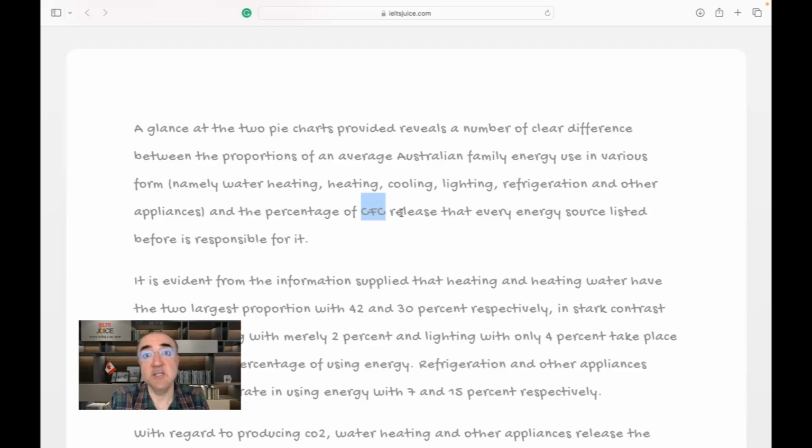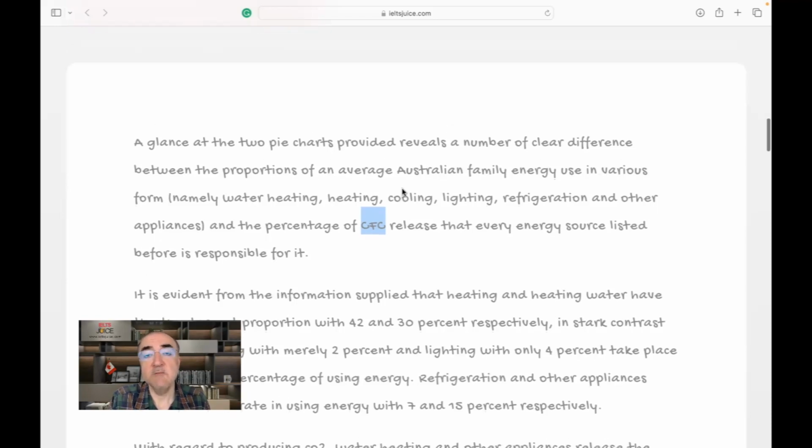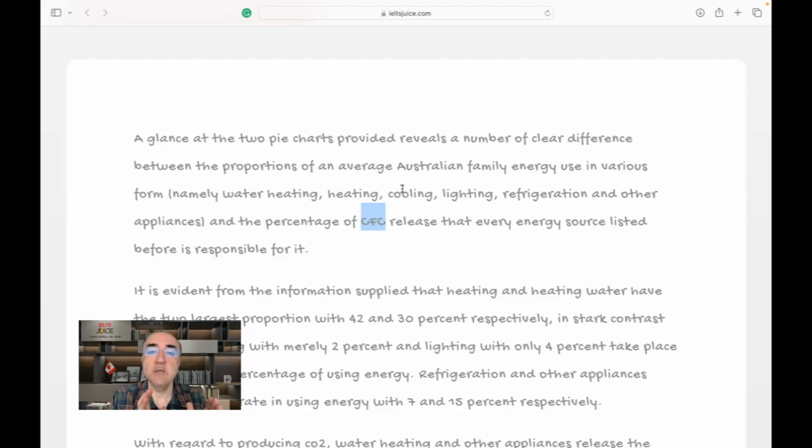IELTS hates that, actually. This is the visual, and the only thing IELTS wants you to do is to convert this picture into words. So we are not allowed to show off our knowledge beyond what's given here.